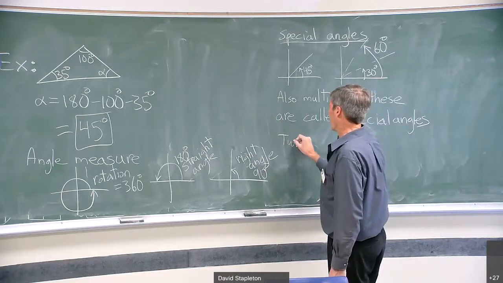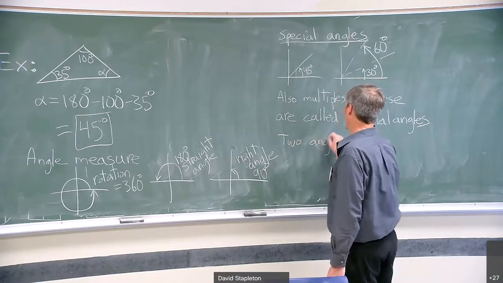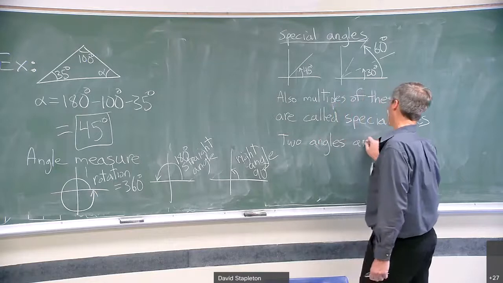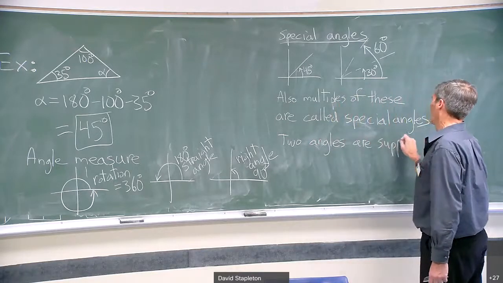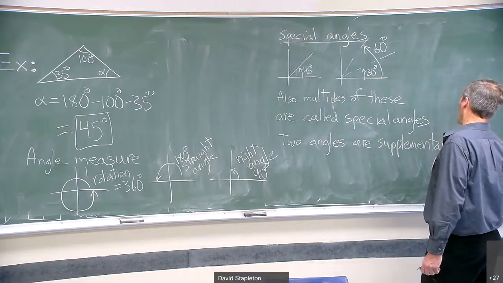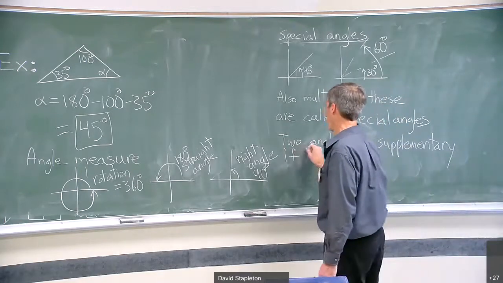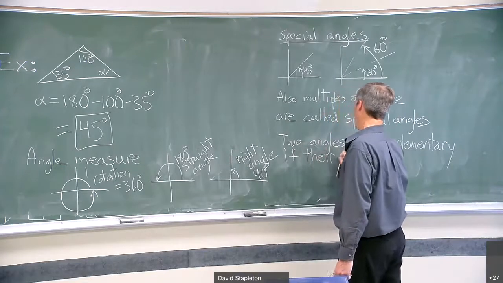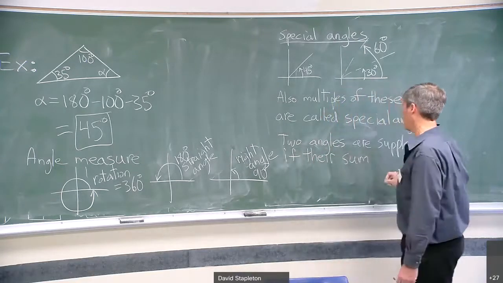Now we'll say also that two angles are supplementary if their sum is 180 degrees. That is, if they add up to a straight angle.